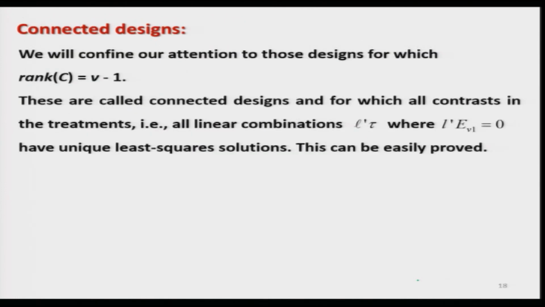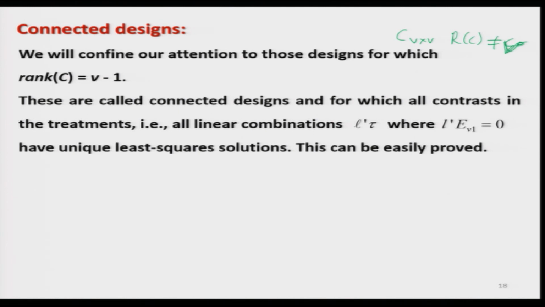Now, once we have seen that the rank of C is not going to be a full rank, that means C is a V cross V matrix, and the rank of C, at least we know, is not equal to V, right.